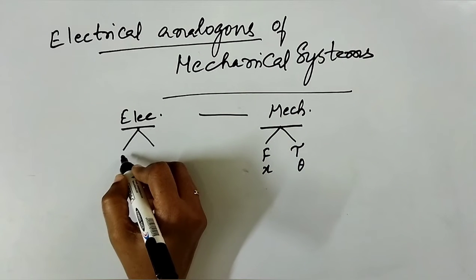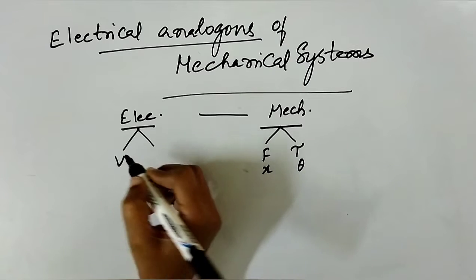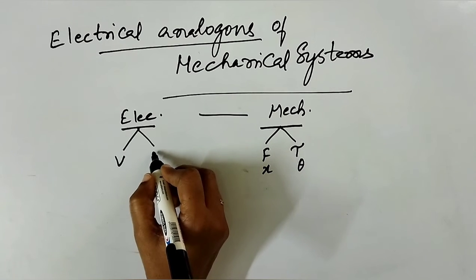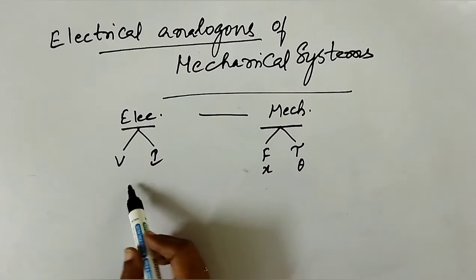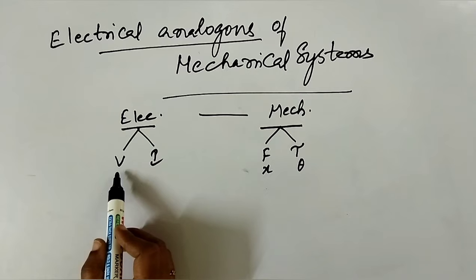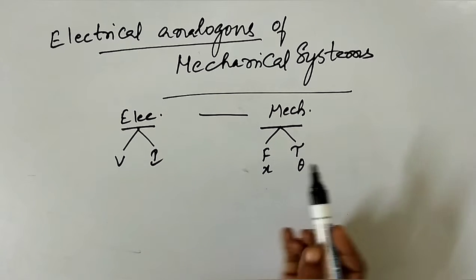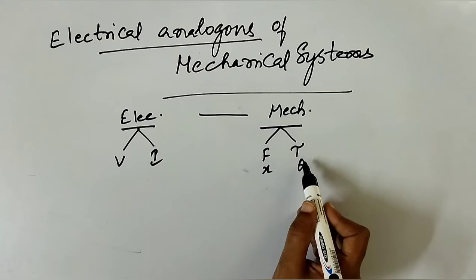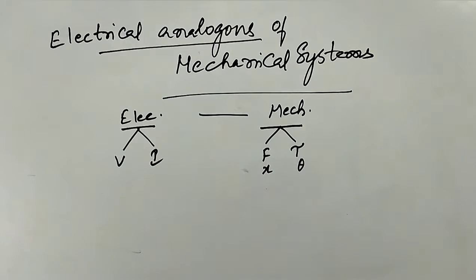If you go for an electrical system, then you have voltage as the input or else a current source as the input. So in an electrical system you have two types depending upon the inputs. Likewise, you have two types of mechanical systems depending upon the inputs, force and torque.